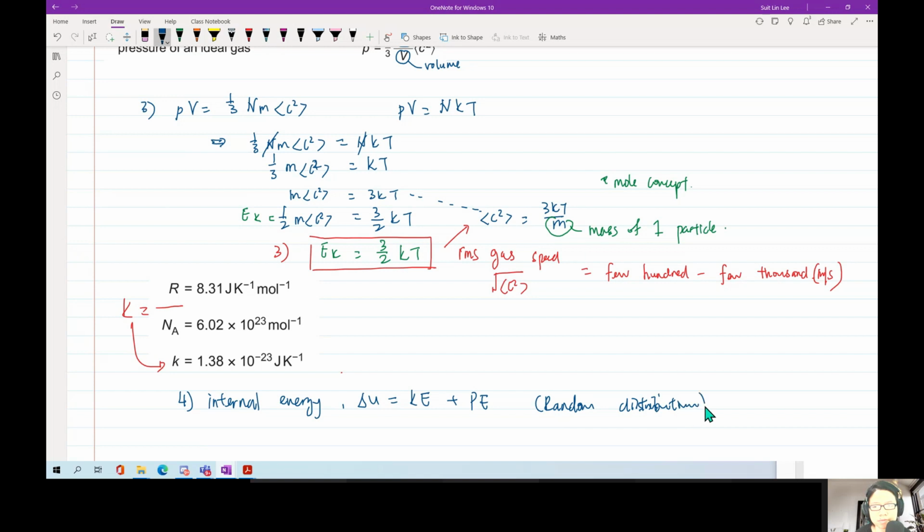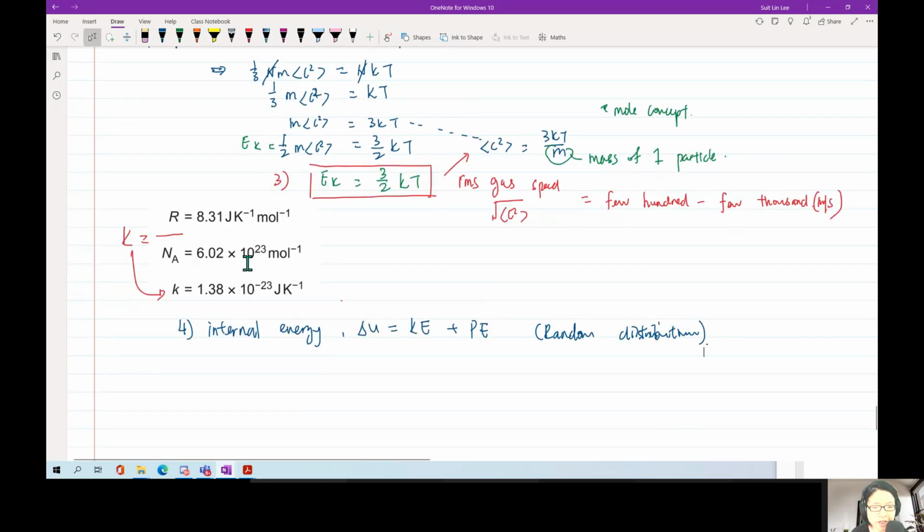So internal energy of the gas is the sum of the random distribution of Ek and Ep of gas particles. But for ideal gas, Ep is 0. There are no intermolecular forces. So make sure if they ask the assumptions of kinetic theory, you know: no intermolecular forces, all collisions are elastic. So Ep is 0, hence the internal energy is only equal to Ek.